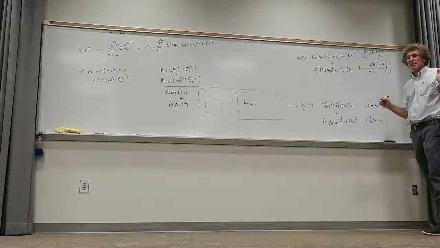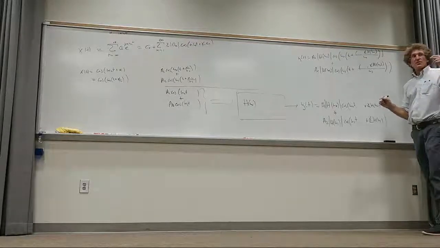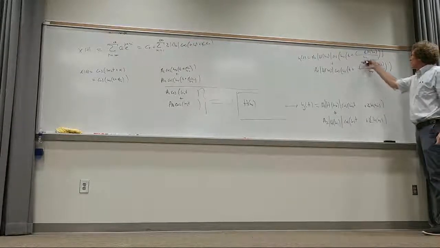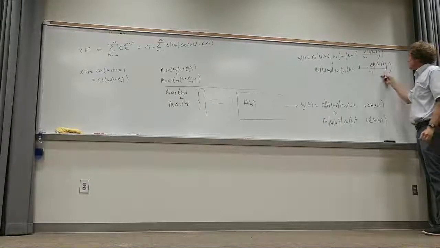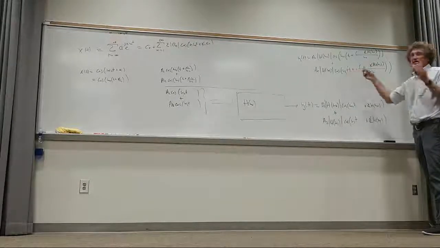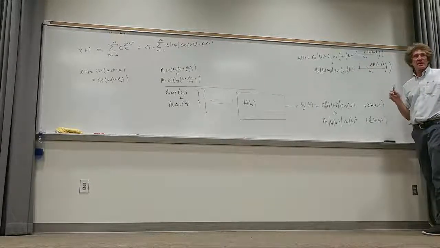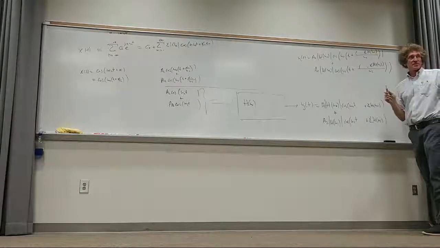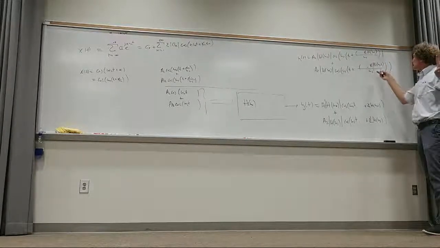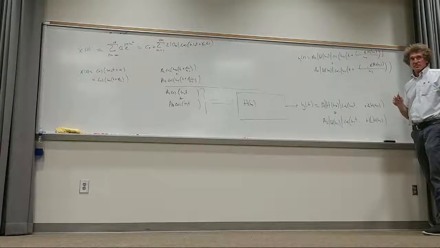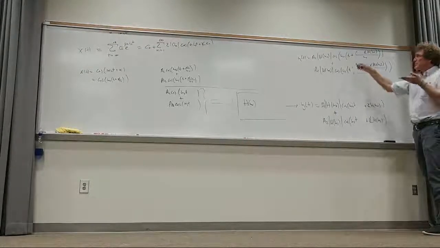Are you with me? Now, for non-distortion to occur, this time delay has to be the same as this time delay. Remember, these represent just two terms in an exponential series, or cosine series. So if this isn't equal to this, then we got a big problem. Follow me? Because think about it, that's only two terms.